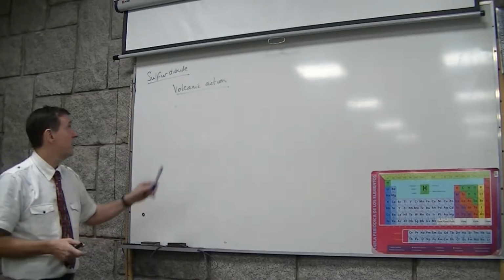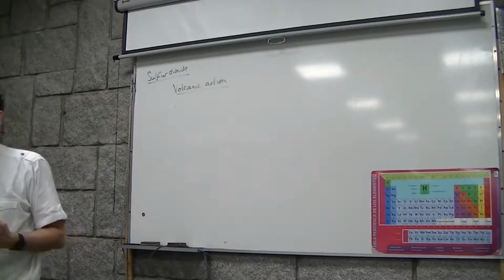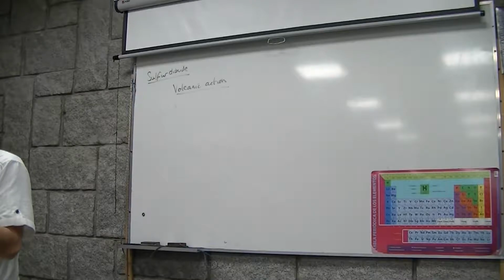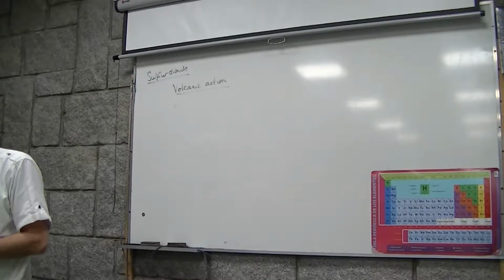So the sulfur dioxide that was put in the atmosphere was able to interact with the water vapour in the atmosphere. It can make sulfuric acid, interacting with the dust, meaning that the dust particles, apart from being highly abrasive, were highly acidic.